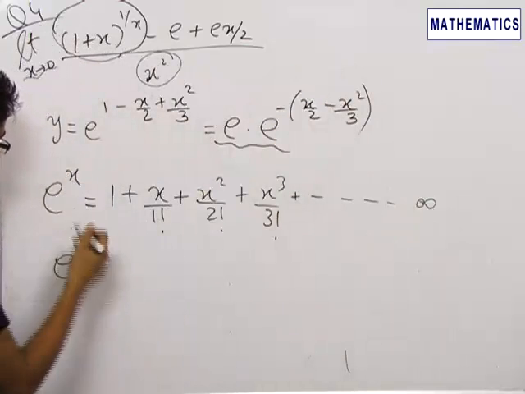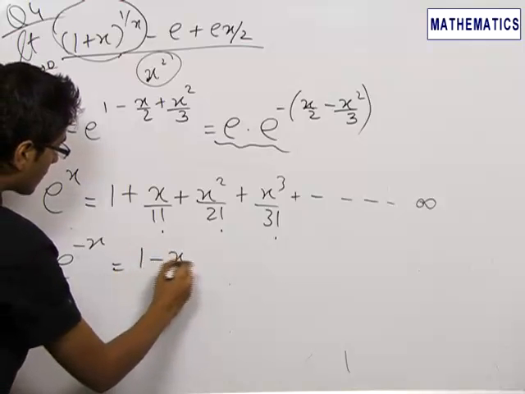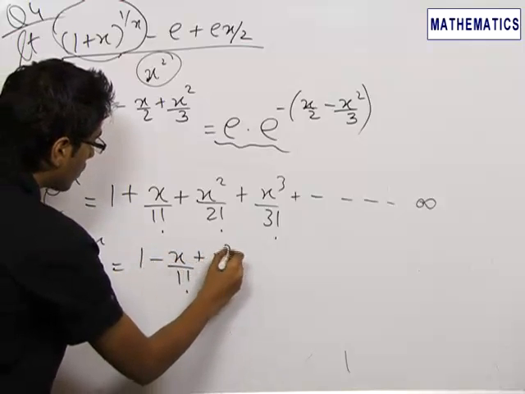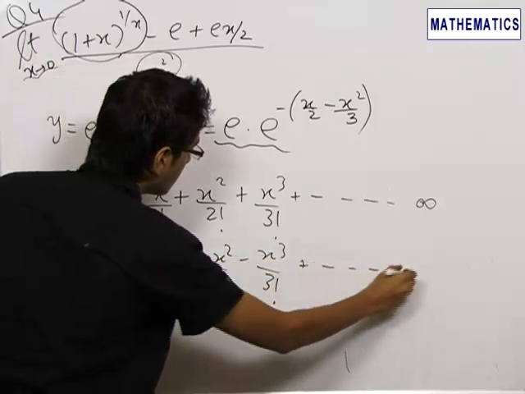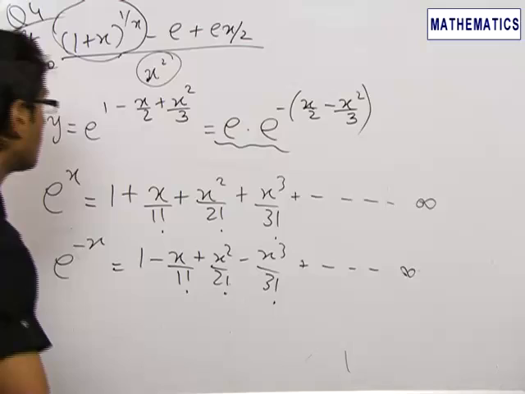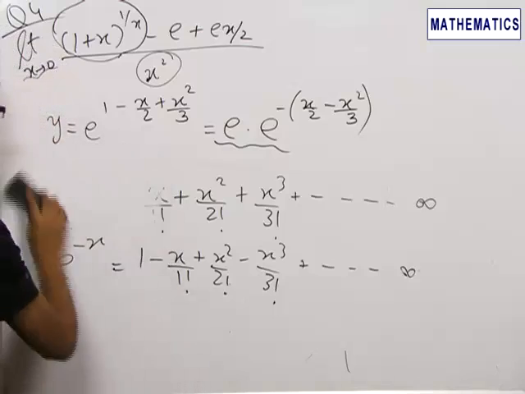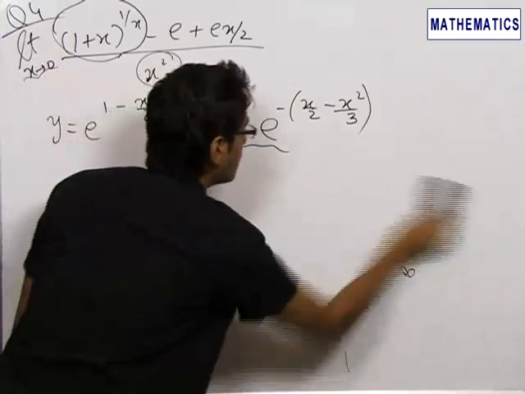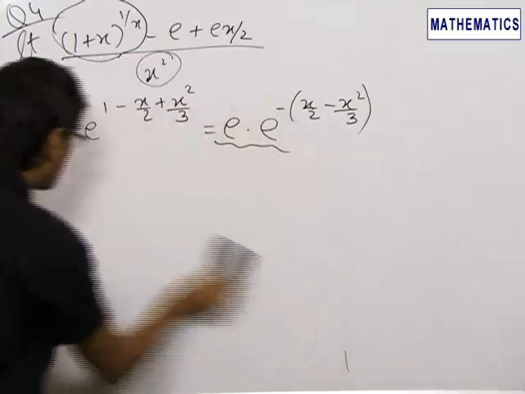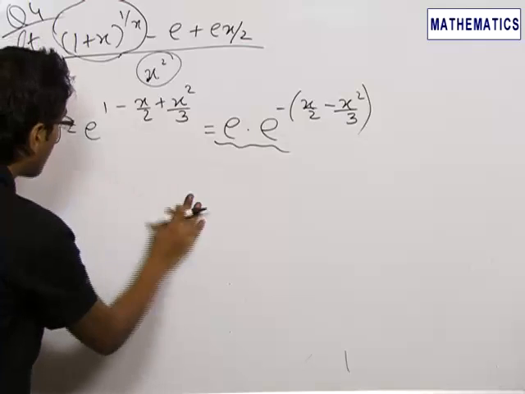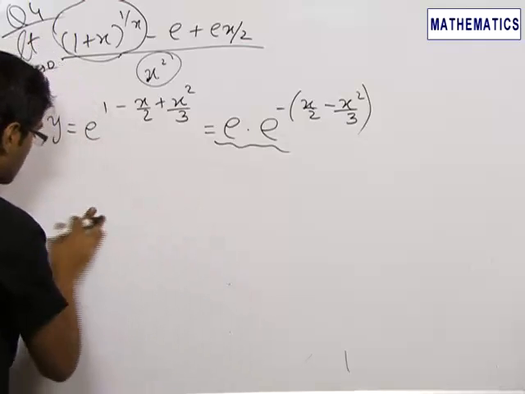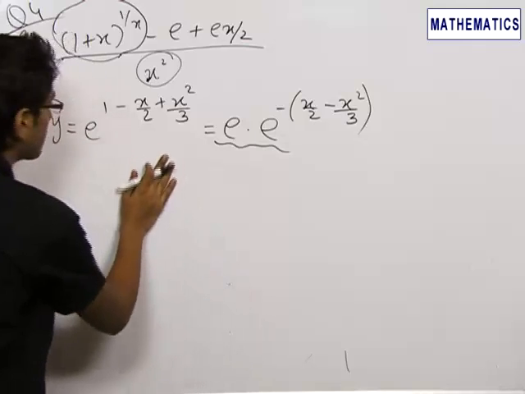We put x equals −x over here to get 1 − x/1! + x²/2! − x³/3! and so on. This is also a very important expansion of e^x, which I would request you students to remember because it can be highly useful in some of the ln and exponential limit problems.